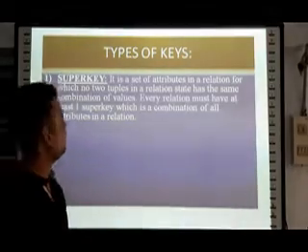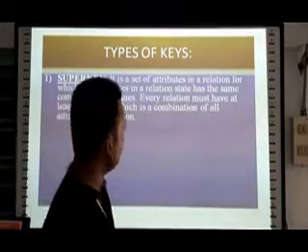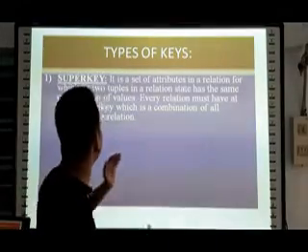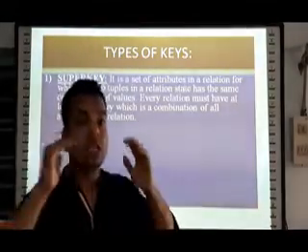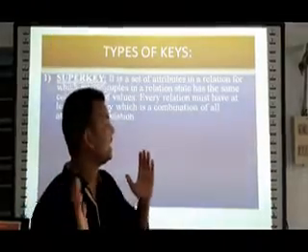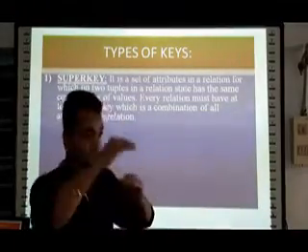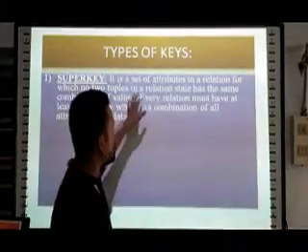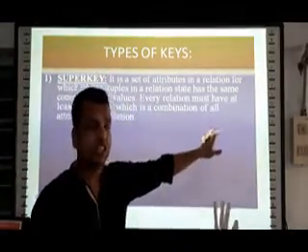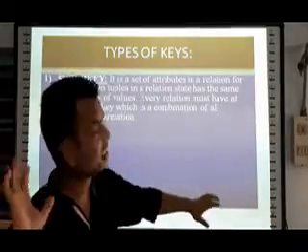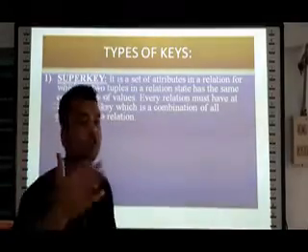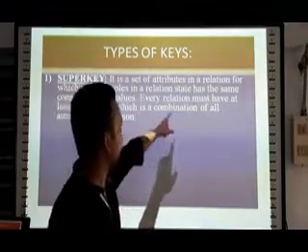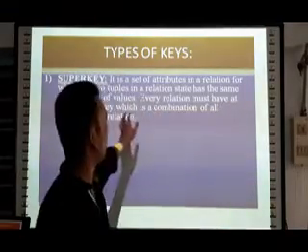Whenever we are taking a set of attributes, a group of attributes in a relation, we should consider them in such a way that the two tuples or two rows which we are going to insert in a relation state should not have the same value, or the value should not be replicated or duplicated.